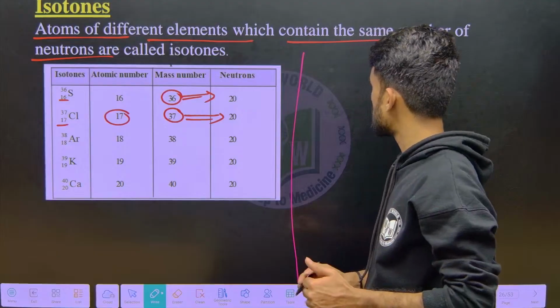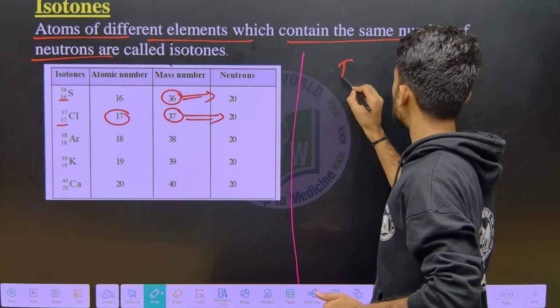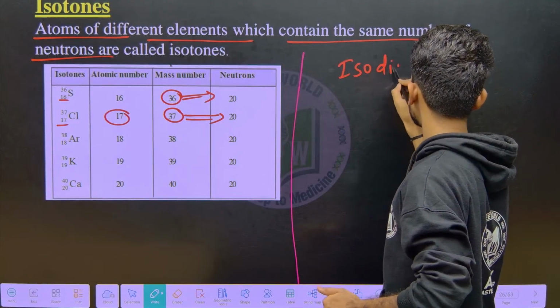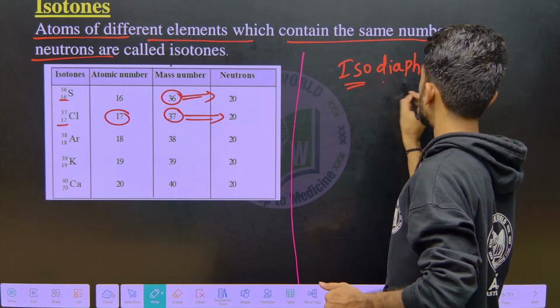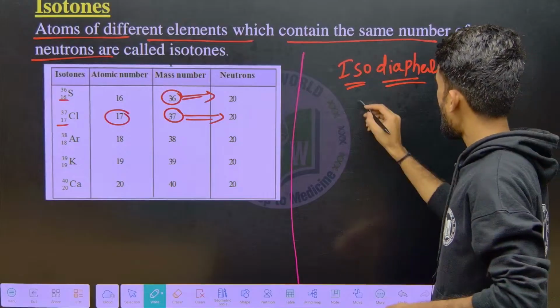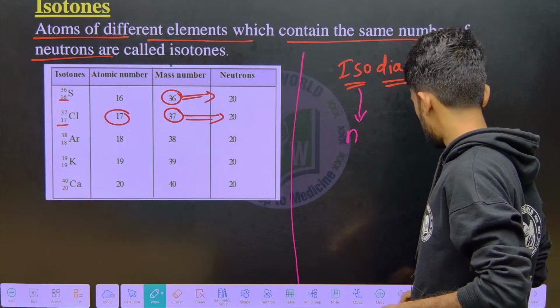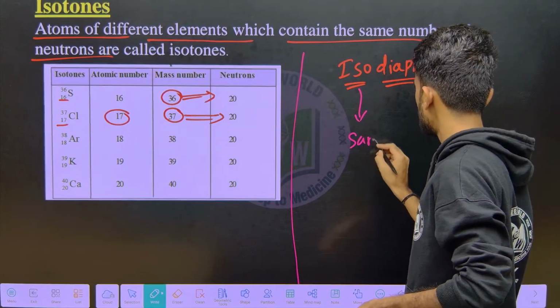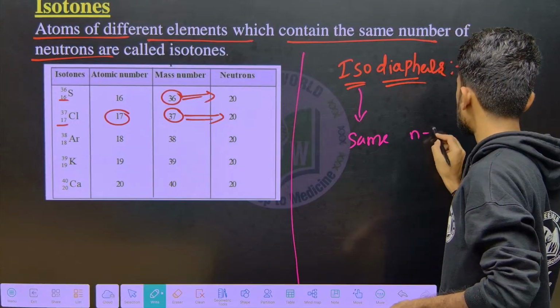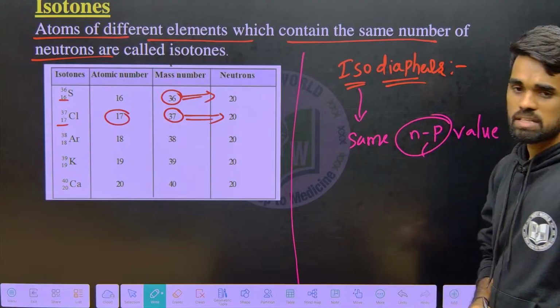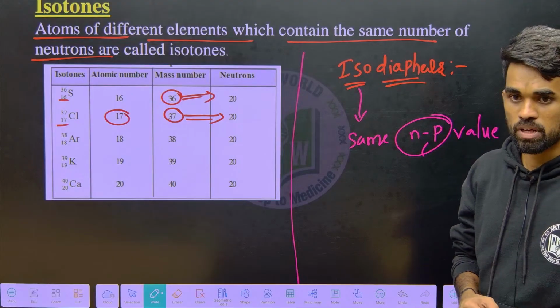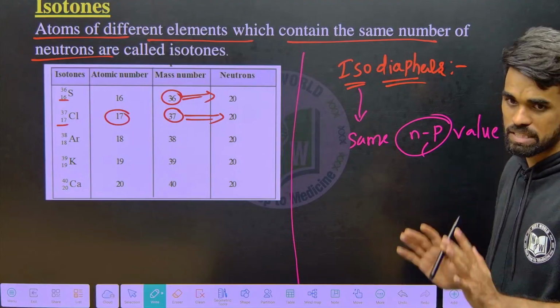Next one is isodiaphers. These species have the same n minus p value: the neutron minus proton difference will be the same.